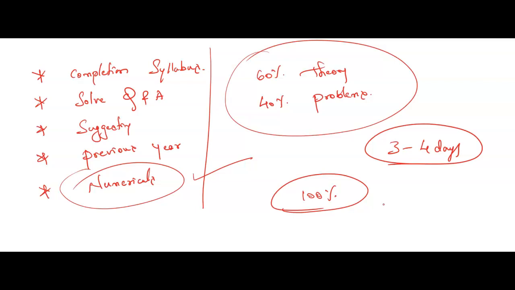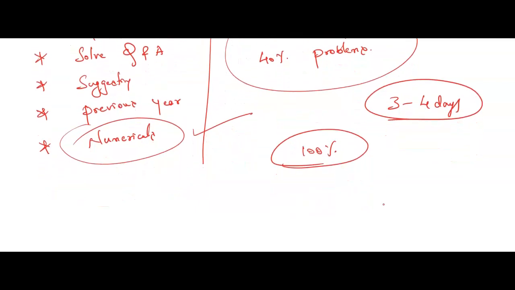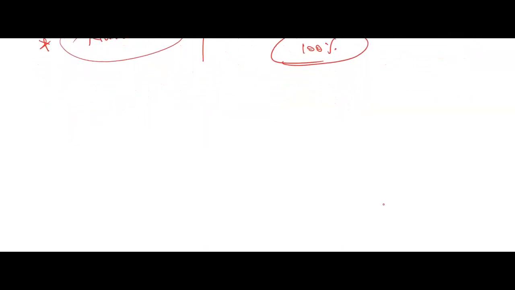And what is the reason we have started this revision? Very simple, children. I will tell you the reason behind starting the syllabus or starting the revision at this interval of time, because we have found in many places that the proper syllabus has still not been covered.